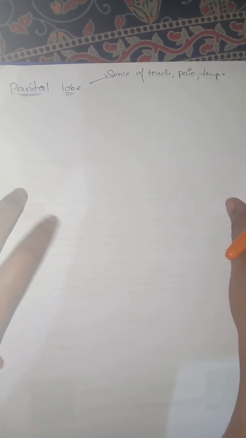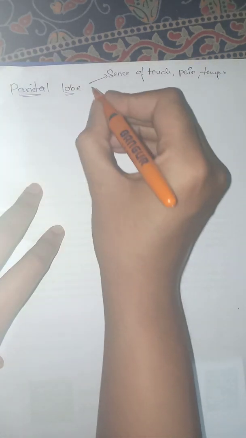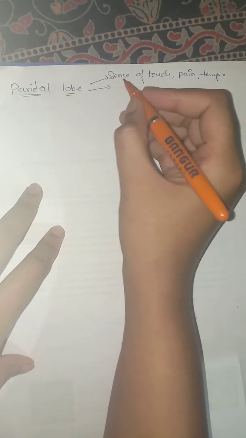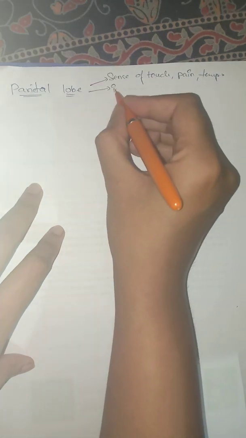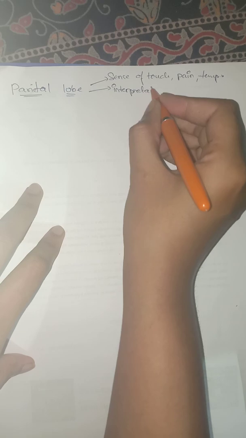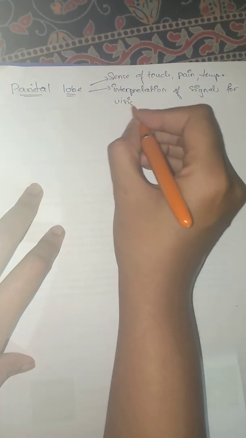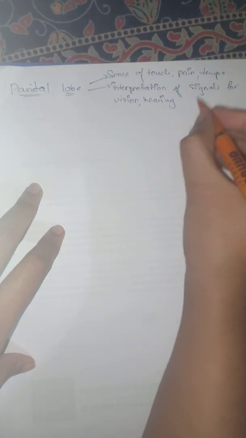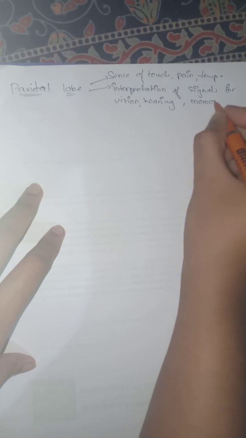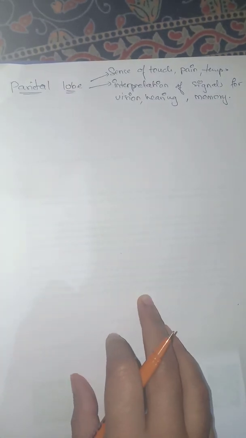So the sensing part is basically related to the parietal lobe. Apart from that, it also helps in the interpretation of signals for vision, what we see, and also for hearing. It is also responsible for memory.